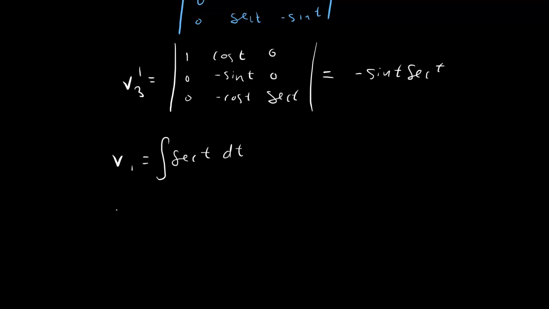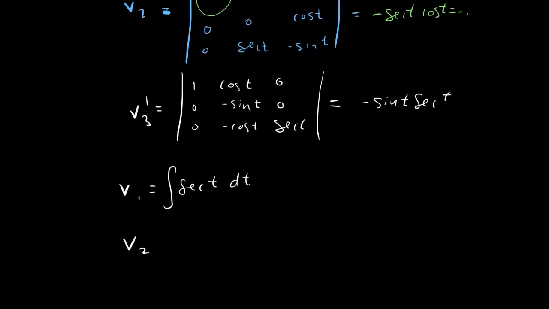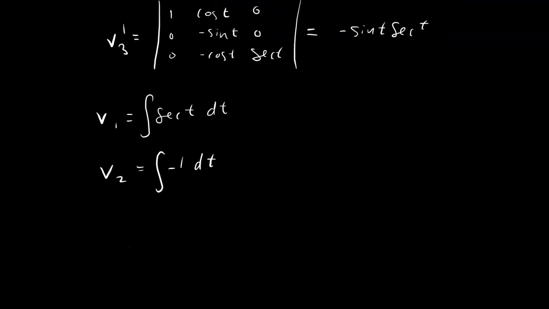Right? v2 was negative 1, so v2 is the integral of negative 1 dt, and v3 is the integral of negative sine t secant t dt. Alright, so now we could take these ones one at a time.